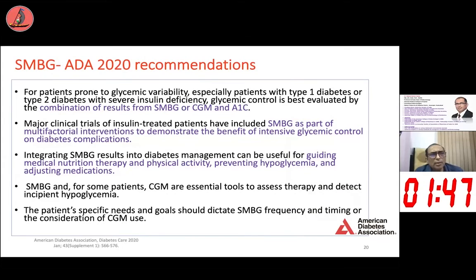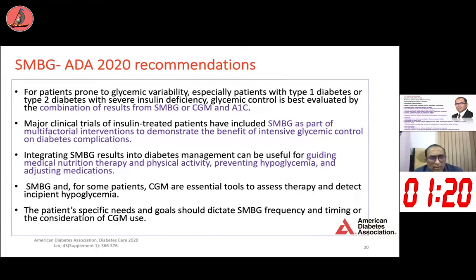If you look at the recent ADA recommendations on SMBG, they've highlighted the importance of combining the results of SMBG along with A1C and CGM in appropriate patients where it's required. They've highlighted that major clinical trials of insulin-treated patients have included SMBG as a part of the multifactorial interventions to demonstrate the benefits of intensive glycemic control on reduction of diabetic complications.